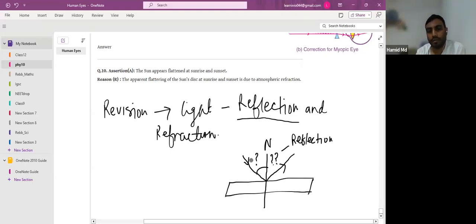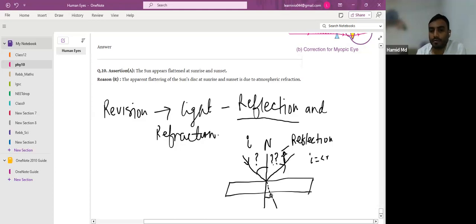This is called the incident ray, and this is the incident angle i, and this is called the reflected angle. And this is called the refracted angle. In case, angle i is equal to angle r.